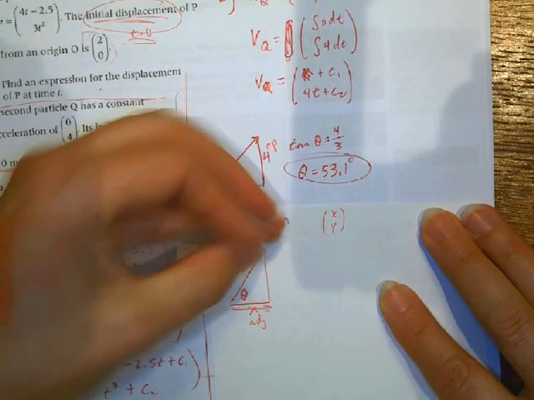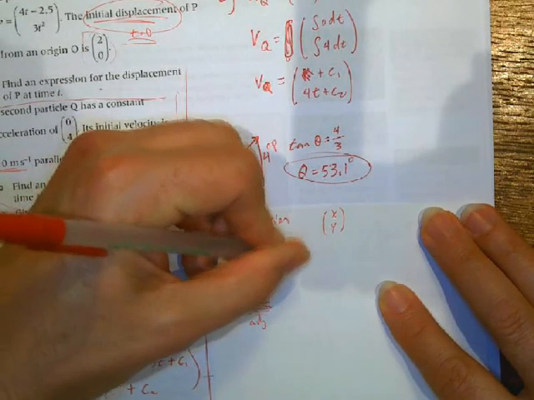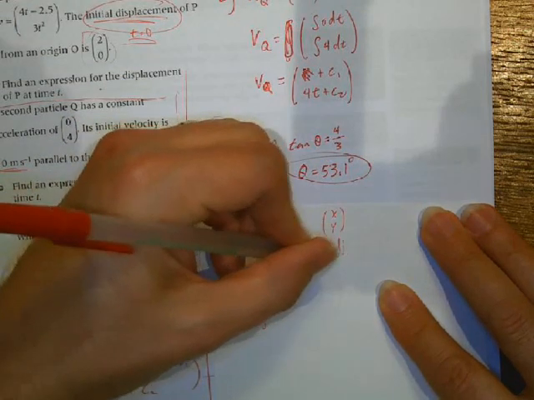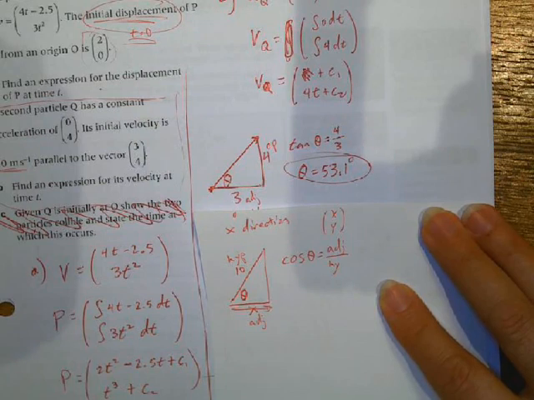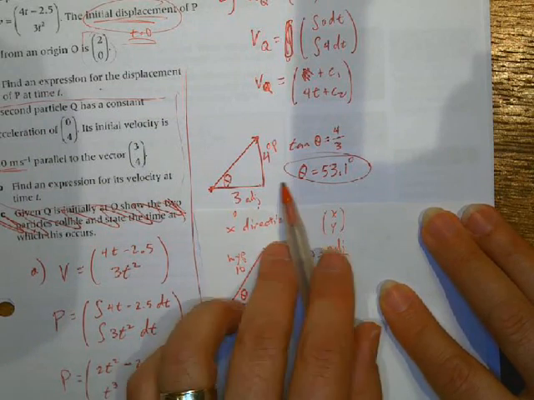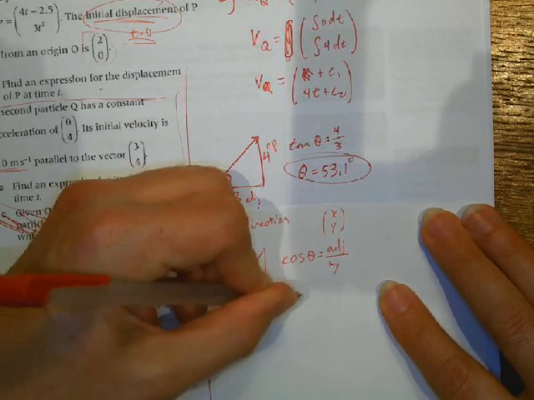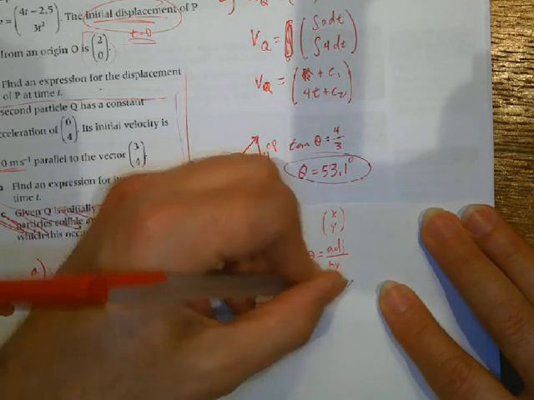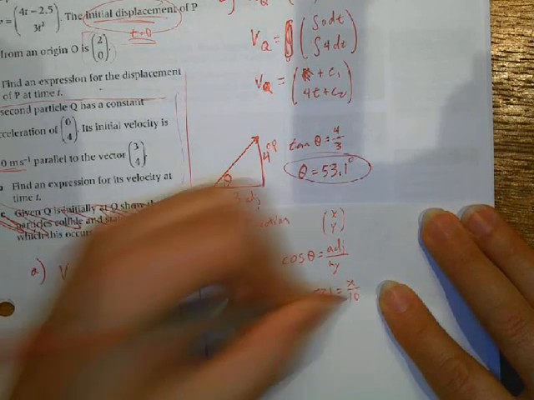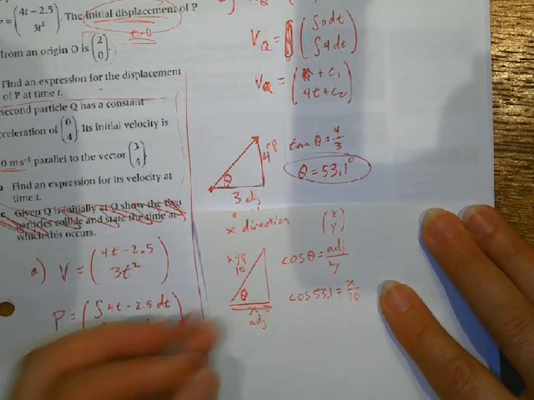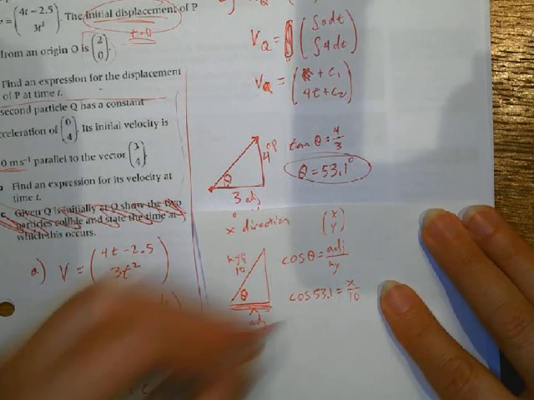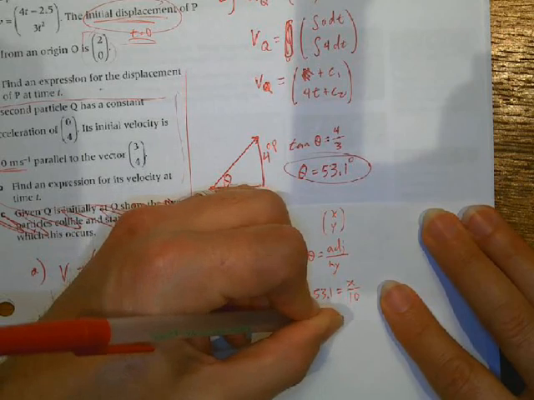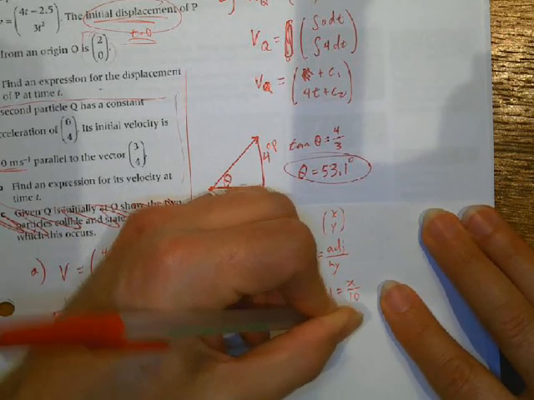Cosine of this angle is equal to adjacent over hypotenuse, and we know the angle is 53.1. So cosine of 53.1 is equal to x over 10. Solving for this x component, x equals 10 cosine 53.1 degrees.